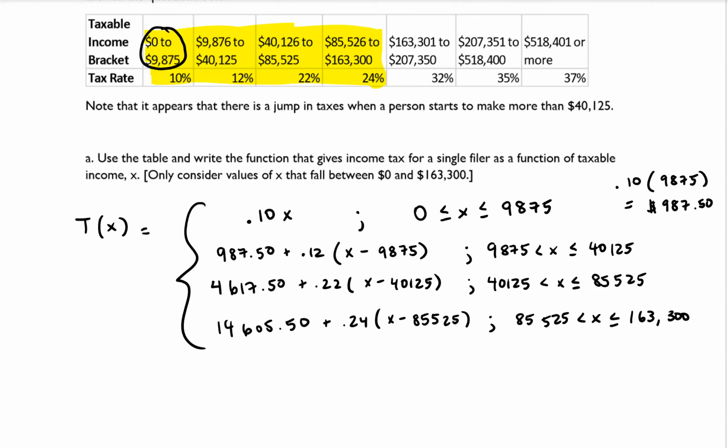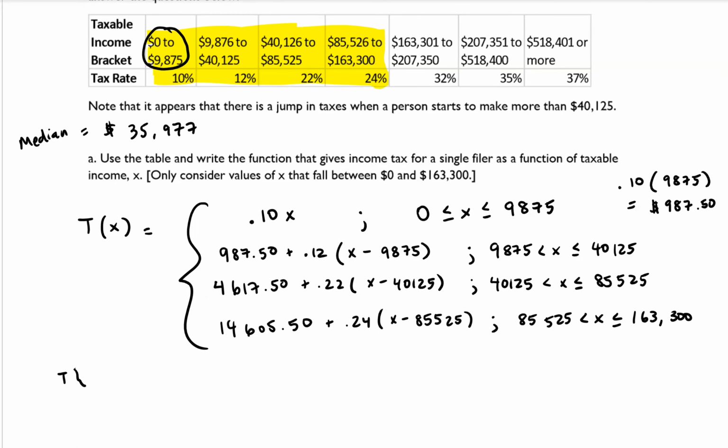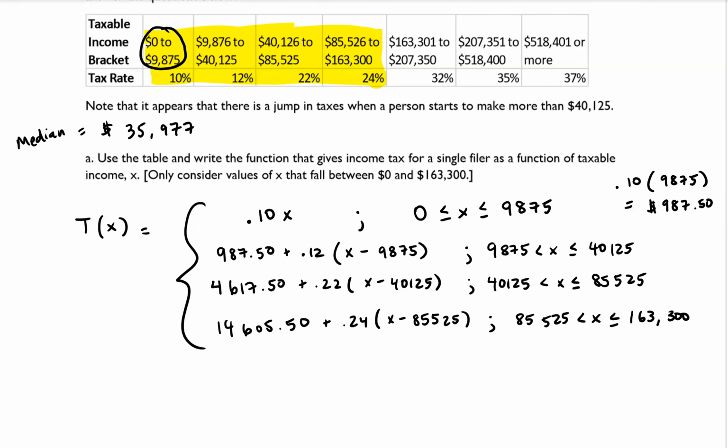I'm just going to round that to $36,000. So it'd be interesting to see how much taxes a person that made $36,000 would owe.